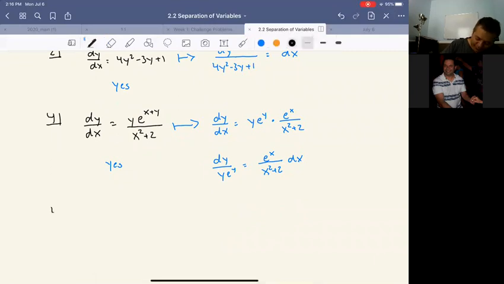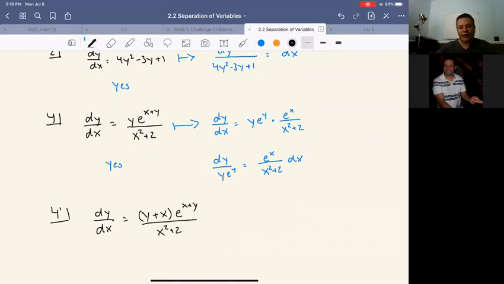Let's take number 4 and change it just slightly. Okay, so we'll call it 4 prime. dy/dx equals, what if I had even just y plus x e to the x plus y over x squared plus 2? Okay, now I can't do that split, right? I can try.